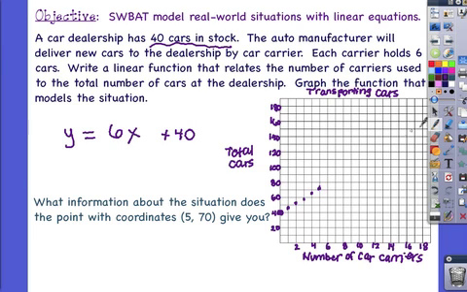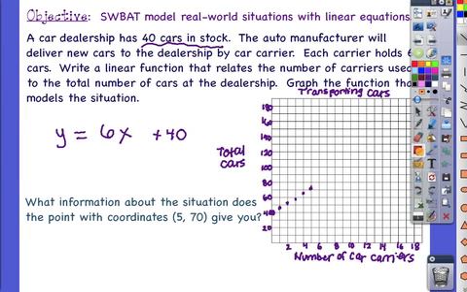And now that I can see that this is making a straight line, I can use a straight edge to connect these dots. And this will continue all the way to the edge of the graph.